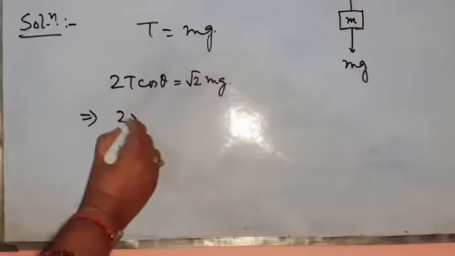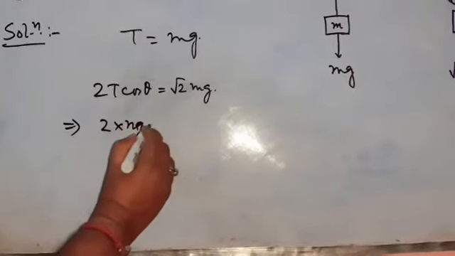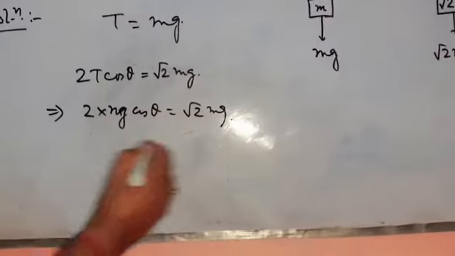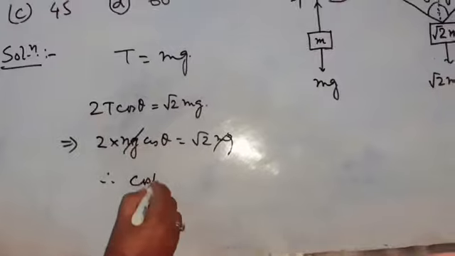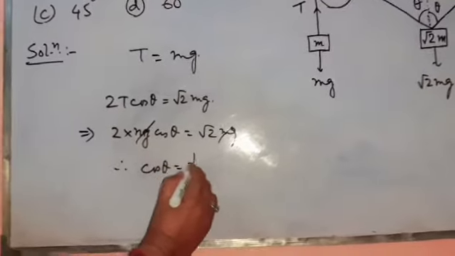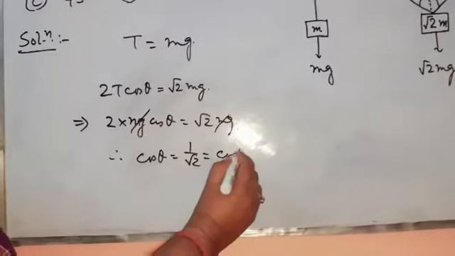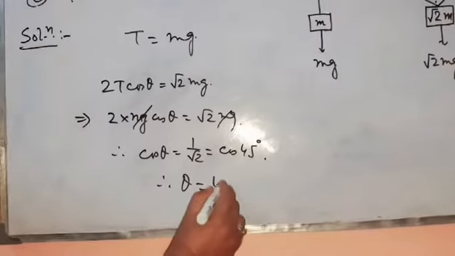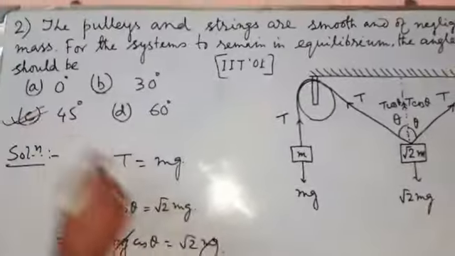Or 2 into T, this value we put, mg cos theta equal to root 2 mg. So mg cancels, therefore cos theta equal to root 2 by 2, means 1 by root 2, and 1 by root 2 means cos of 45 degree. Therefore theta equal to 45 degree. So the answer is 45 degree.